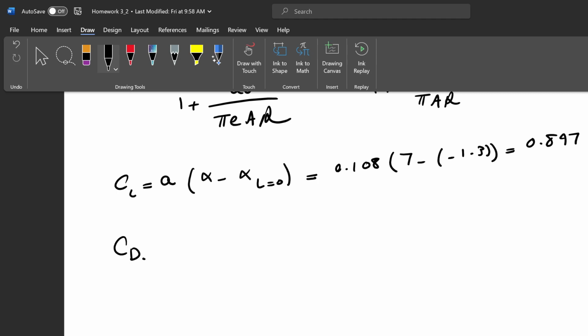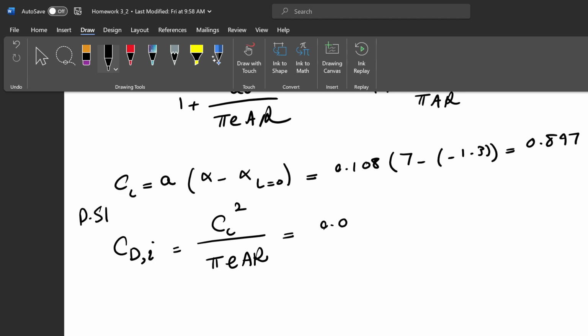And how do we calculate the induced drag? This is also something you can find from page 51, this equation. We said the induced drag coefficient is equal to the lift coefficient to the power 2 divided by pi E AR. Plug in all of the numbers, we have everything.